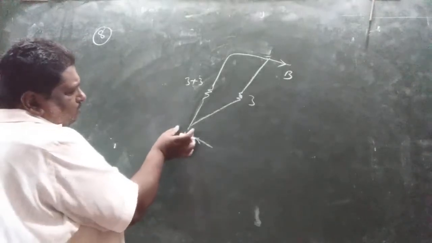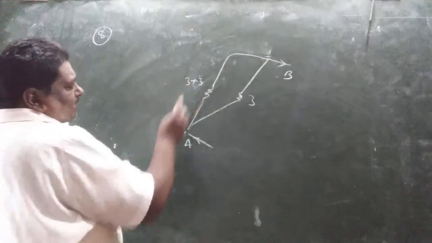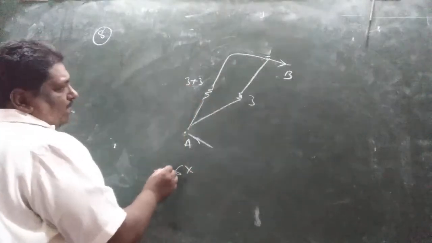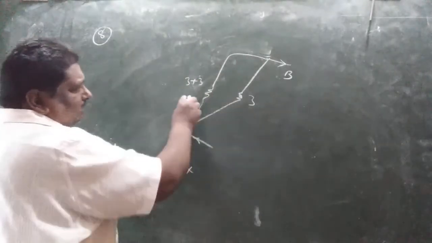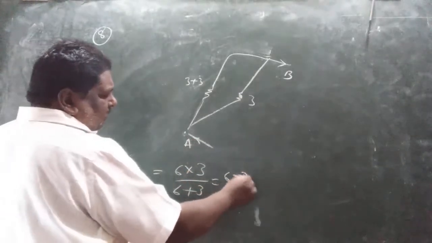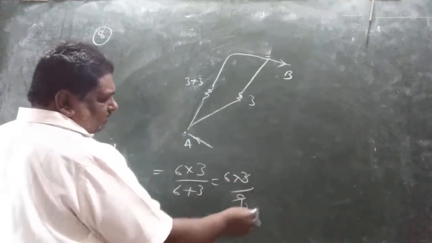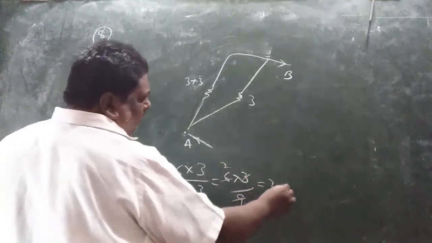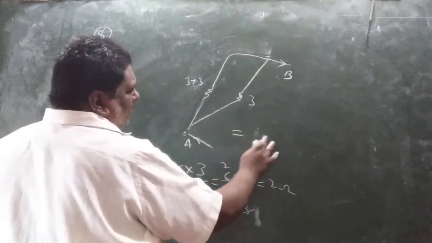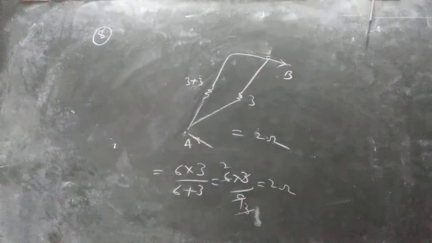Now these two are in parallel and joined here, that means 6 and 3. R1 R2 by R1 plus R2, 6 into 3 by 6 plus 3, which is 18 by 9, that is 2. So 2 ohms is the equivalent resistance. So the total R equivalent is 2 ohms.